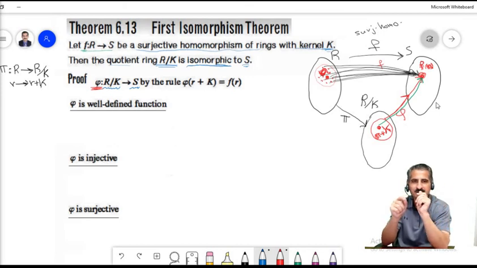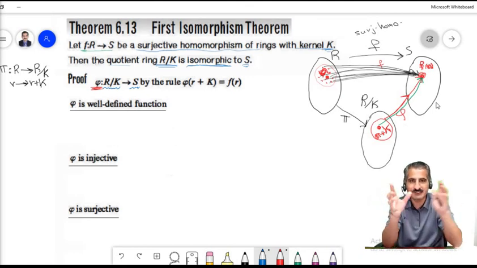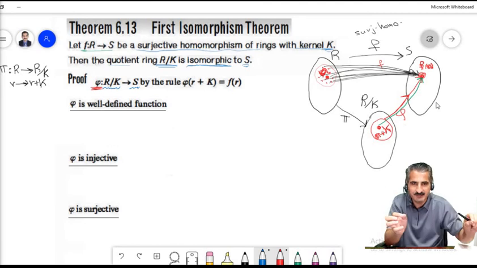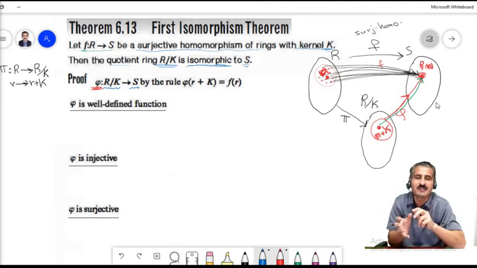And the answer is, those all elements form the coset with respect to the kernel, the coset of A. So the coset of the kernel will go to a single element, another coset will go to another element, another coset will go to another element. And this is what's happening.